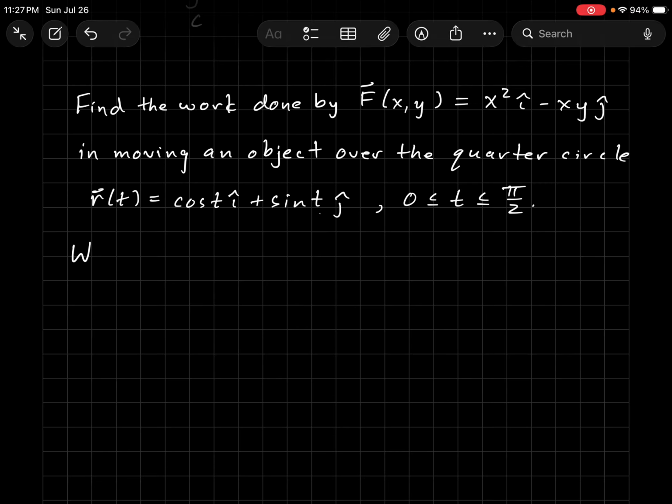So our work is going to be the integral of F dot dr. We already have r of t, that is given. So we need to find r prime of t.